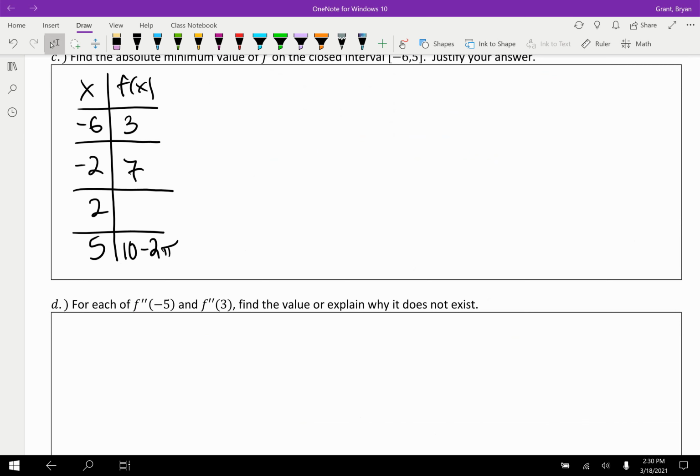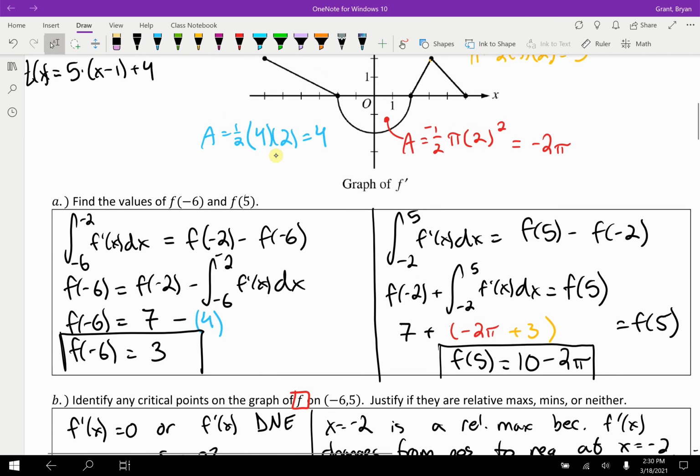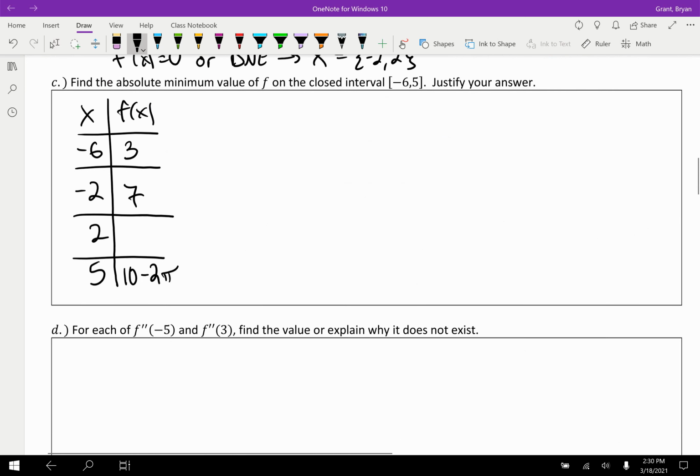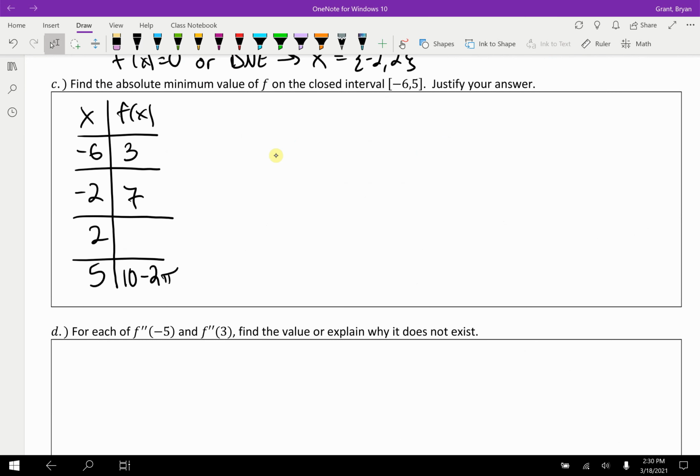But how do we find this one? Well, isn't this the same as part A where they asked us to find values? So if we wanted to find f of 2, then we're going to use the integral. We're going to use the point that we know, smallest, to the point that we want. That's the largest in this case. And we're going to manipulate that fundamental theorem. Watch those primes versus not primes. We're looking for f of 2, so I'll add off the f of negative 2 to the other side.